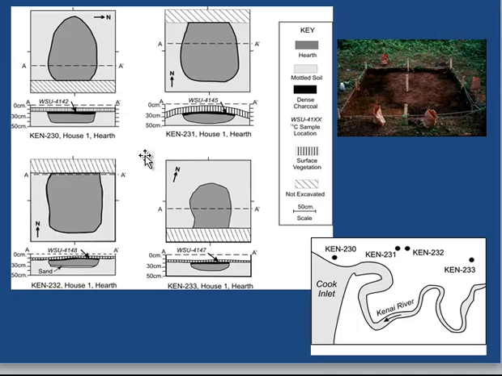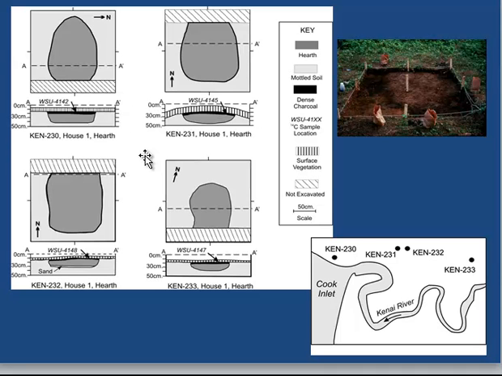I've split enough firewood so I can tell what spruce looks like, and if I couldn't, I'd bring in an expert who could tell from the cellular structure what species it is. But we know this to be all spruce, and that's not surprising. So they're burning spruce in the hearth, not unlike you and I burn spruce in our fireplaces today.